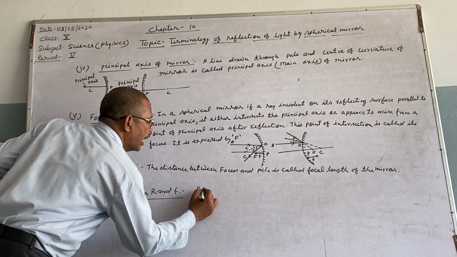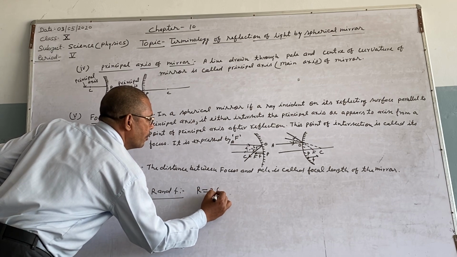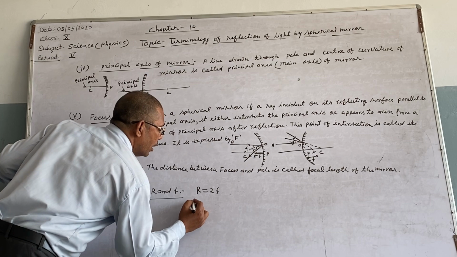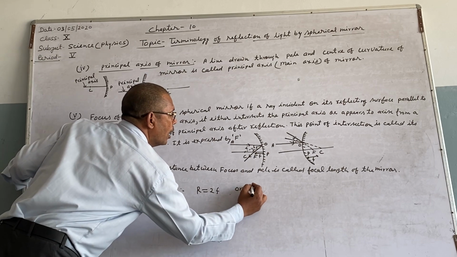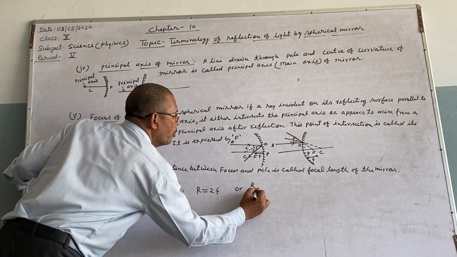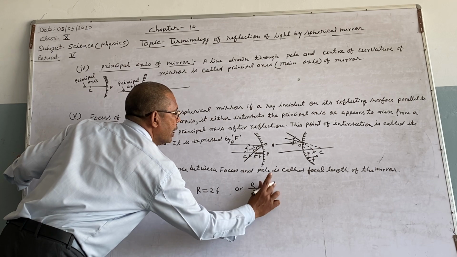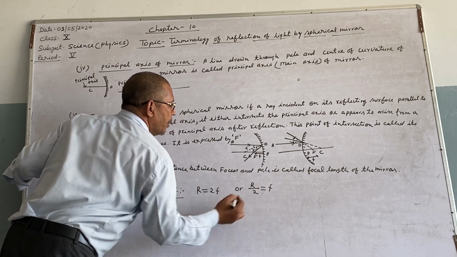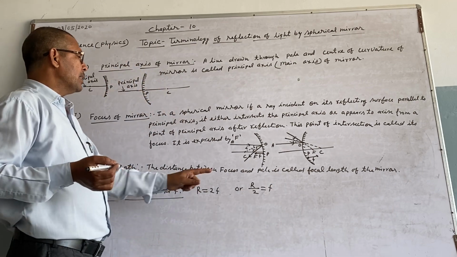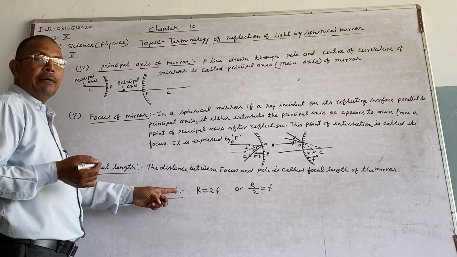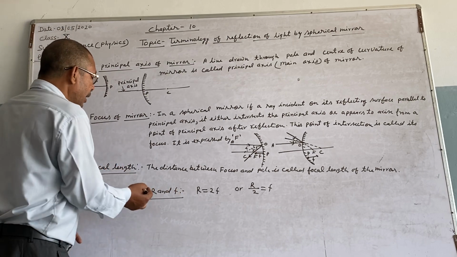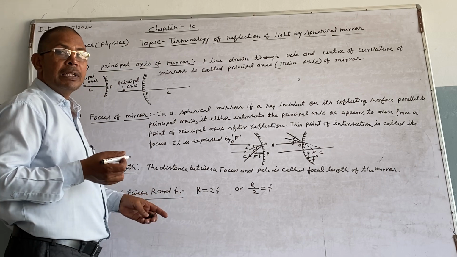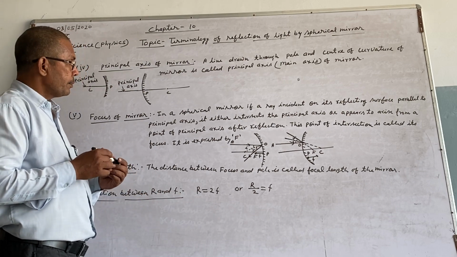Mathematically, you can say R equal to 2F or R by 2 equal to F. This is the relation between radius of curvature and focal length, R and F. R is the radius of curvature and F is the focal length.